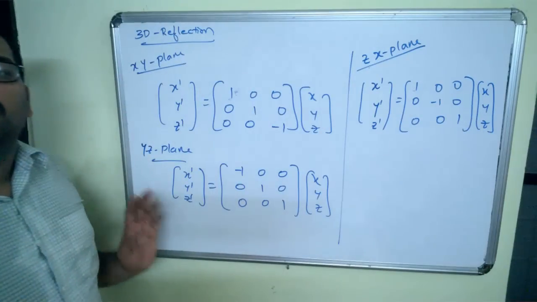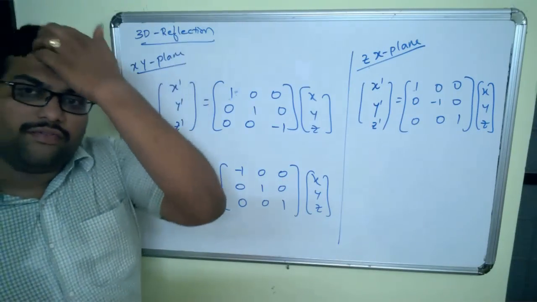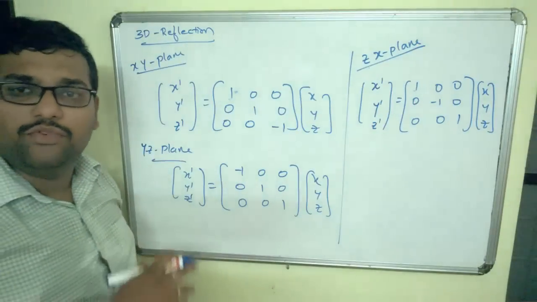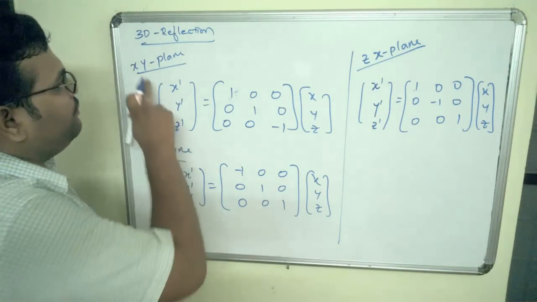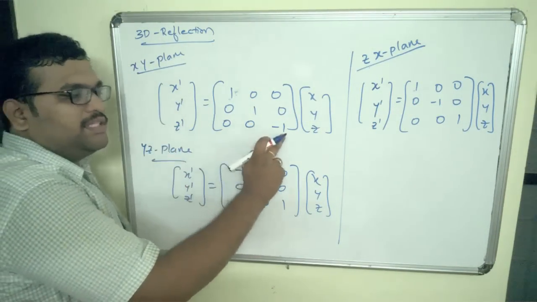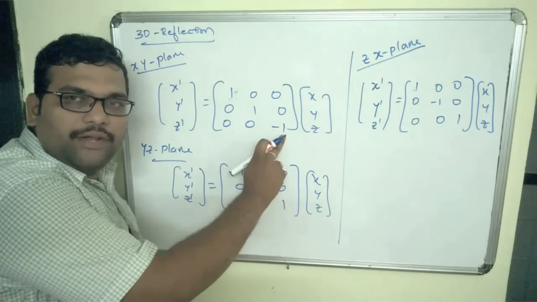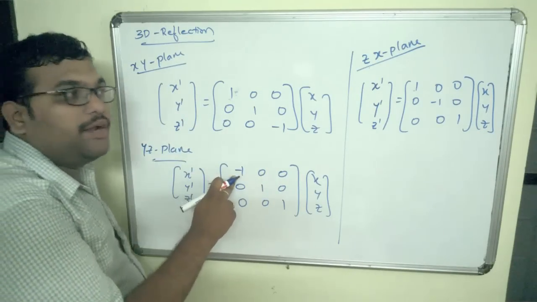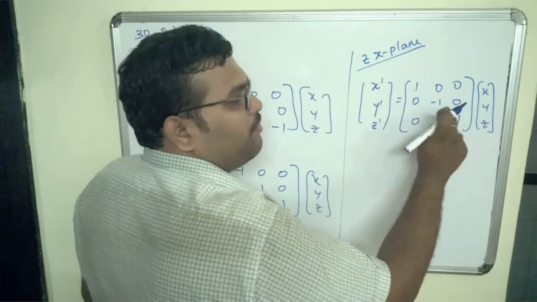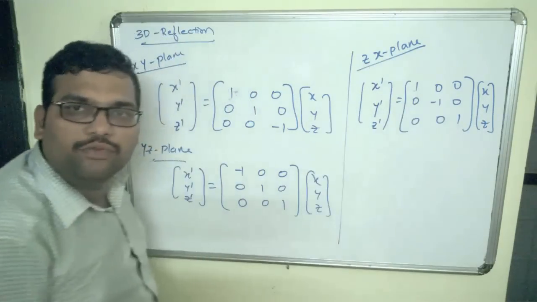That's it. So this is a simple formula for the reflection. This is the same as we have seen in the two-dimensional reflection. There is no change. So with respect to xy plane, for the z coordinate we will be giving a negative, and if it is yz plane, the x coordinate will be given negative, and for zx plane, the y coordinate will be given a negative sign.